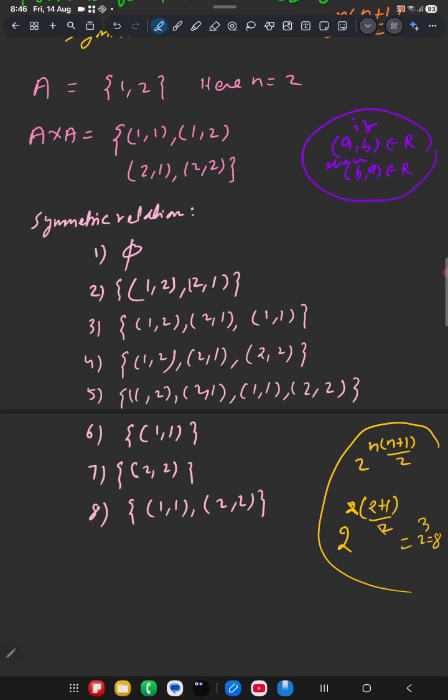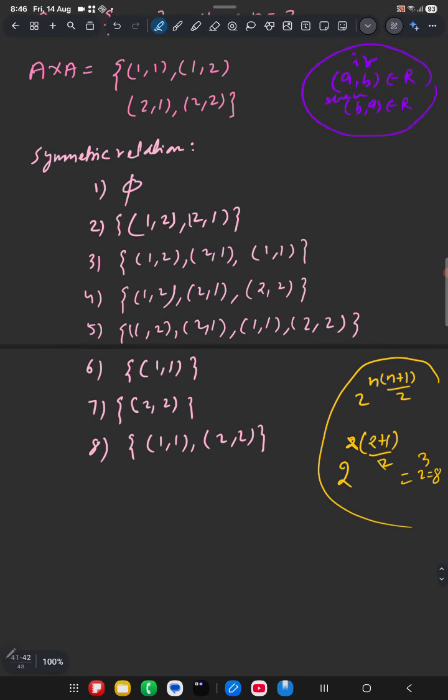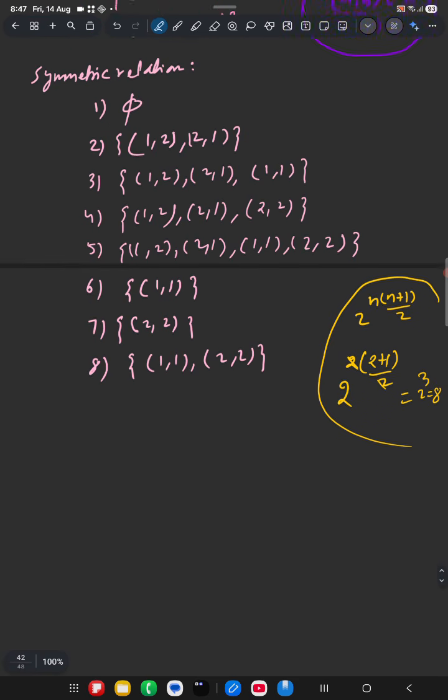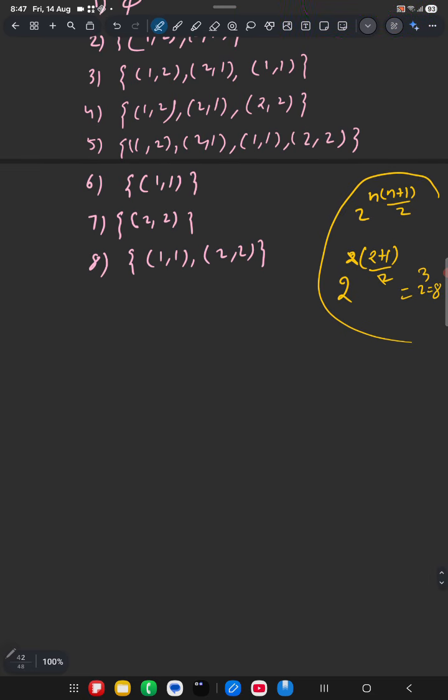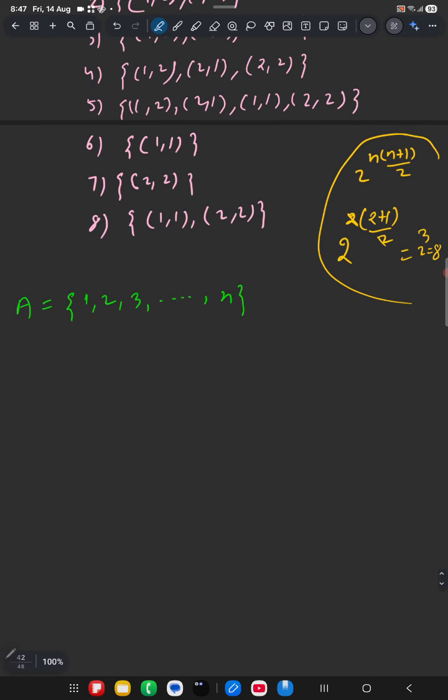Clear? Now I will show you how this formula happens for a set containing n elements. So come back. If your set contains n elements, those will be 1, 2, 3, up to n. Then again, A cross A. First of all, find out 1 1, 1 2, 1 3, up to 1 n.